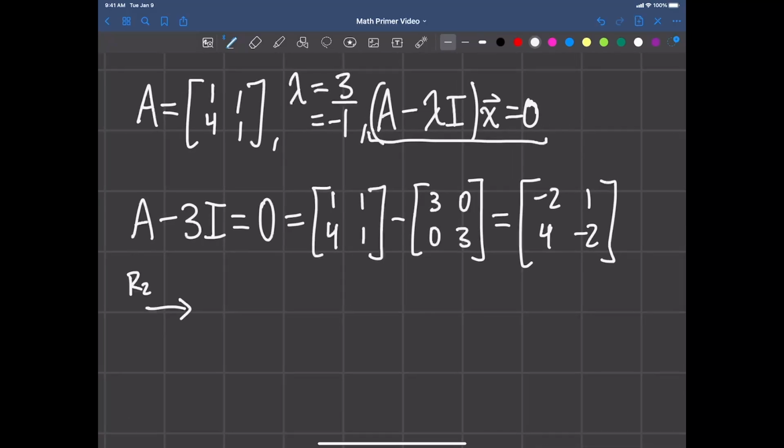So what happens is we get negative 4 here and 4 here, and we add them together, and we get zeros on the bottom because the negative 4 and the 4 cancel out, and then 2 and the negative 2 cancel out. And we're left with this matrix, which is in row echelon form.